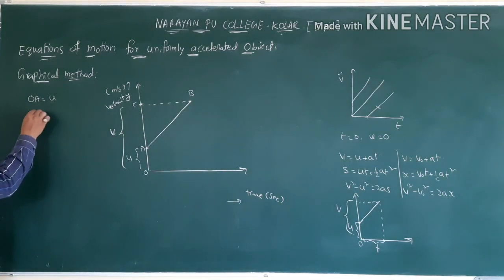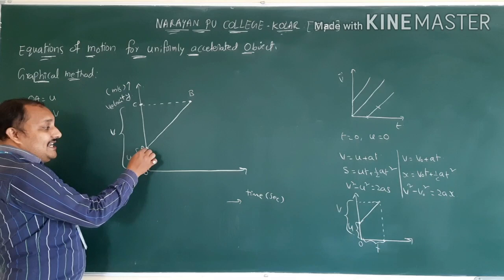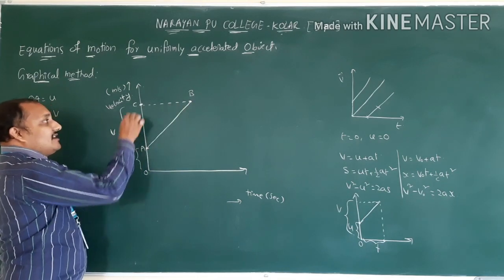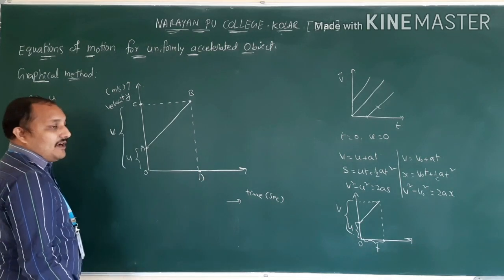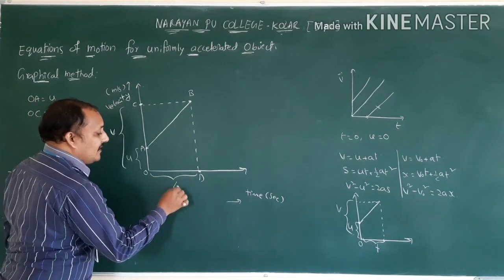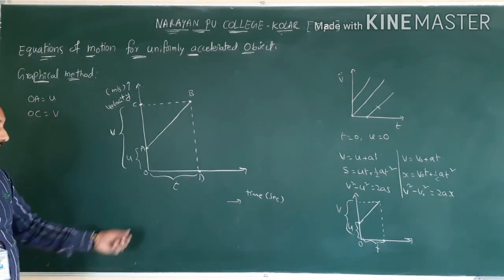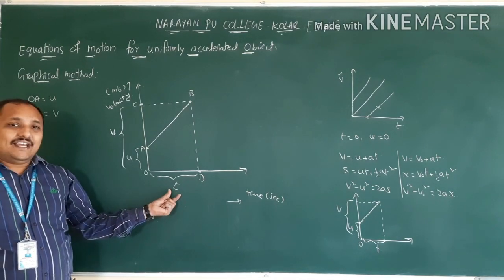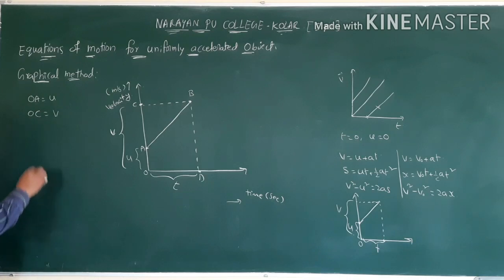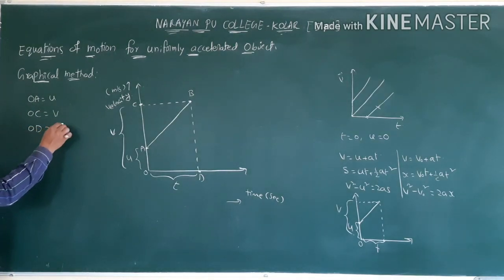That is, OC is equal to v. Then to reach from u to v, how much time is it taking? This point is D. That is the time t, small t, not drinking tea. That is, OD is equal to t.